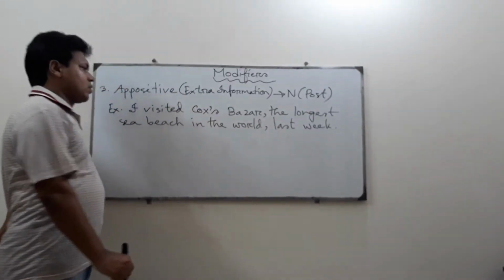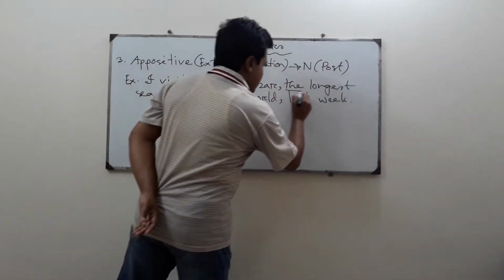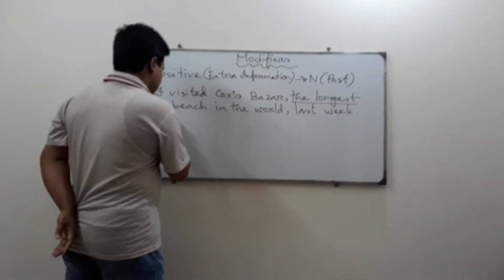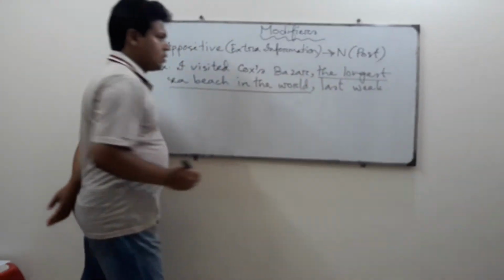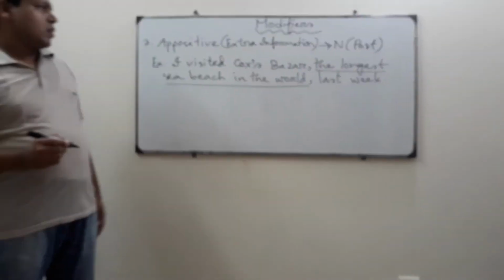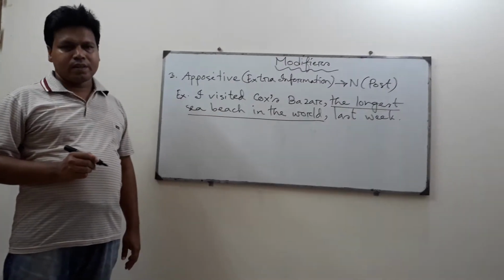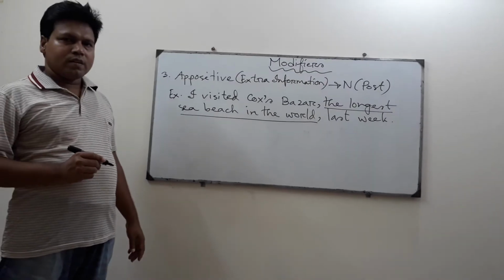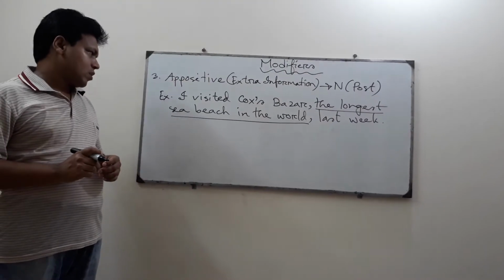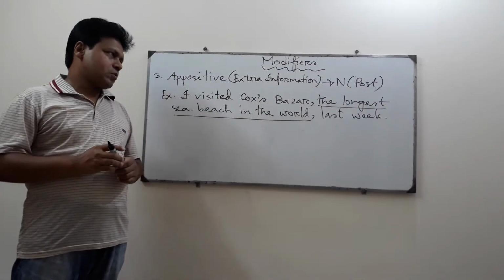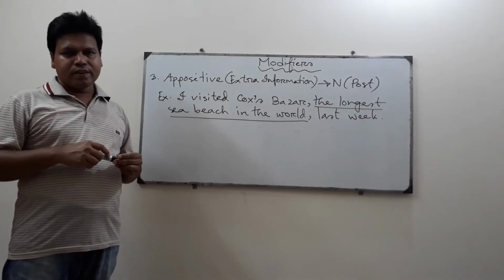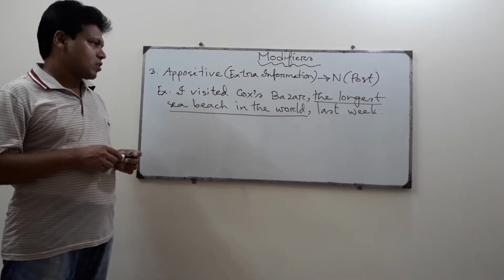Look, the longest sea beach in the world is an extra information here because "I visited Cox's Bazar last week" is a complete sentence, and the longest sea beach in the world is an extra information here which identifies the noun Cox's Bazar.